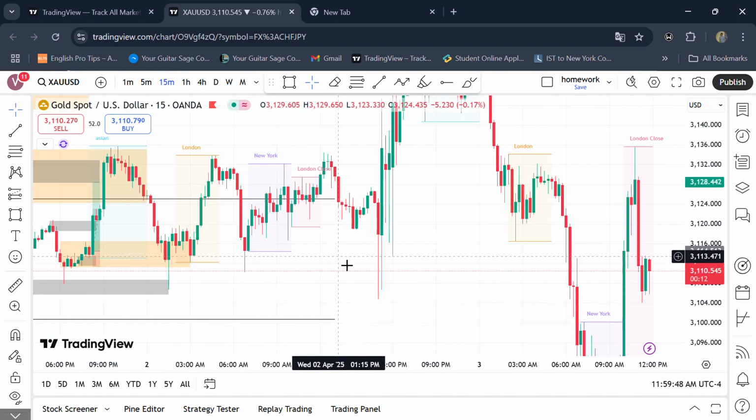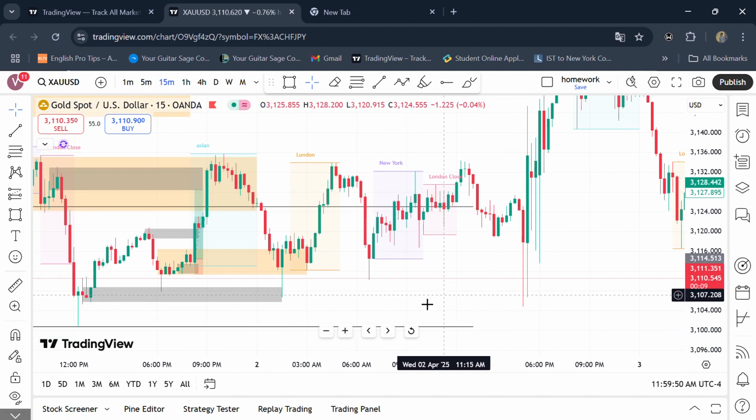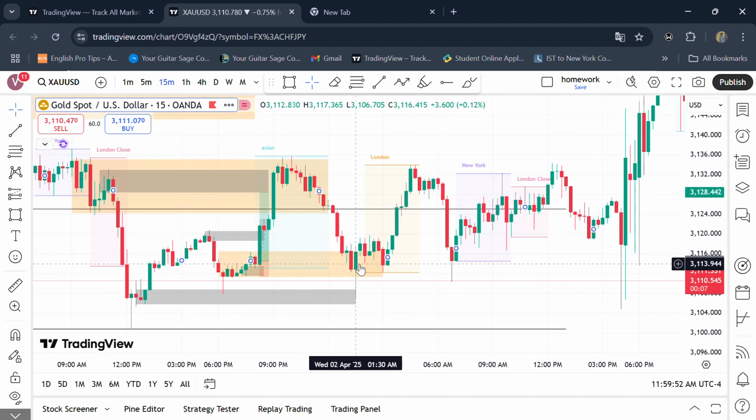Okay, then we'll go to 15 minutes, and you could have entered here on this green rejection candle itself, or even if you would have waited for a while, it would have been fine. Price mostly consolidated on 15 minutes time frame.